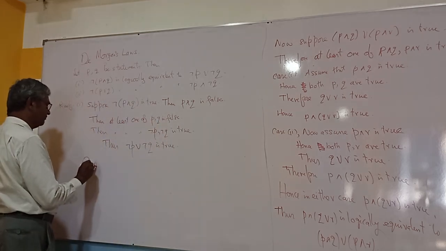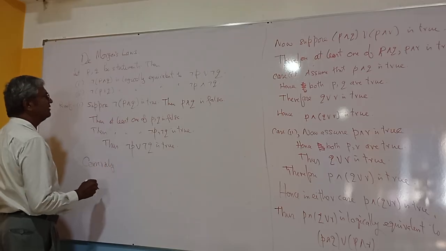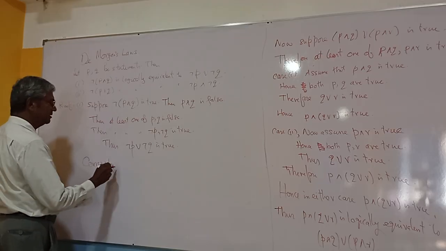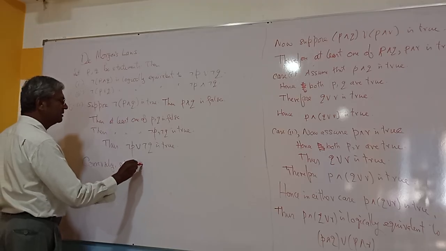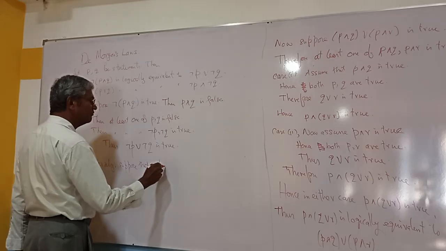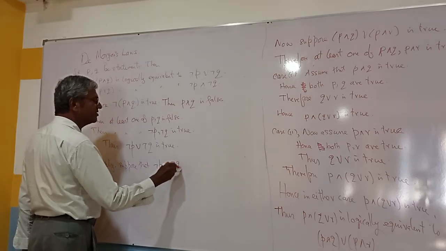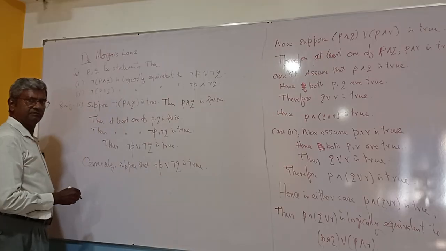Conversely, what do I write? Now suppose not P or not Q is true.